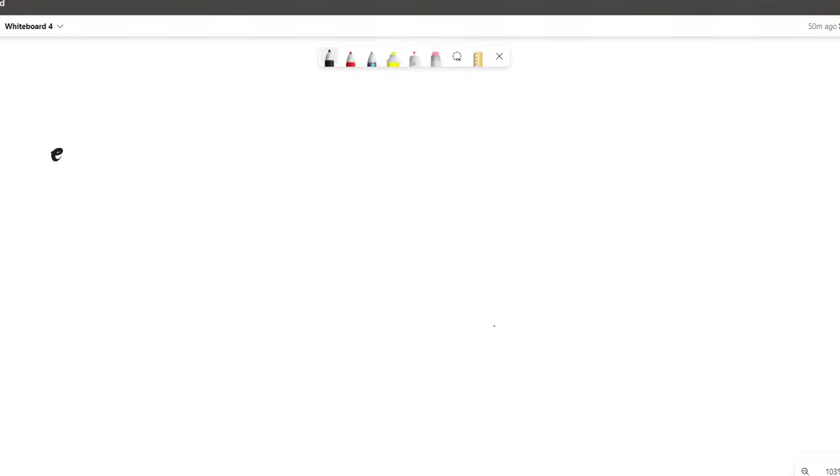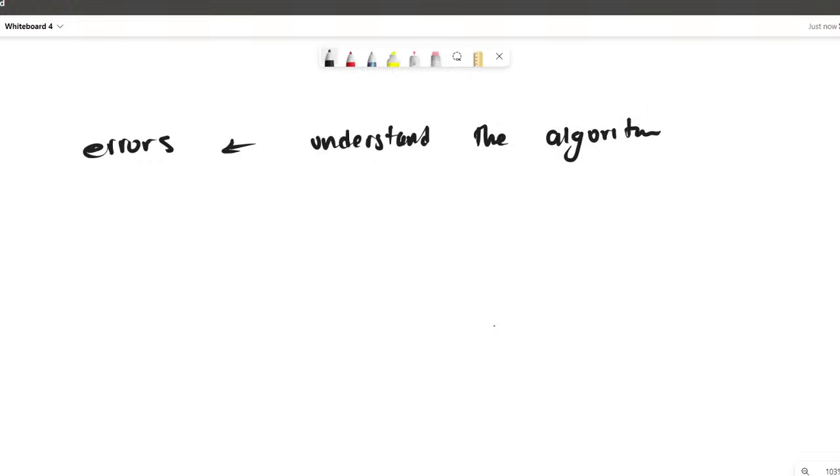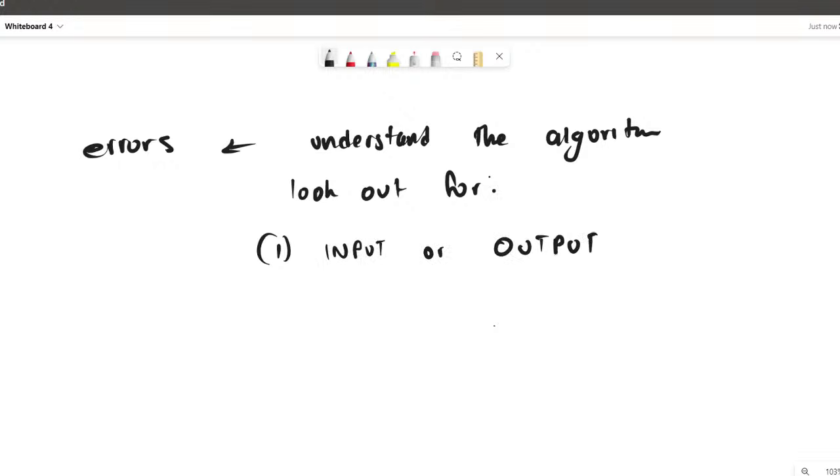First thing, for errors, what do you need to know about errors? First of all, you have to understand the algorithm. Then let me tell you which ones to look out for. Number 1, the input or output. Many times what is supposed to be output, they put as input, and many times what you're supposed to input, they put as output.